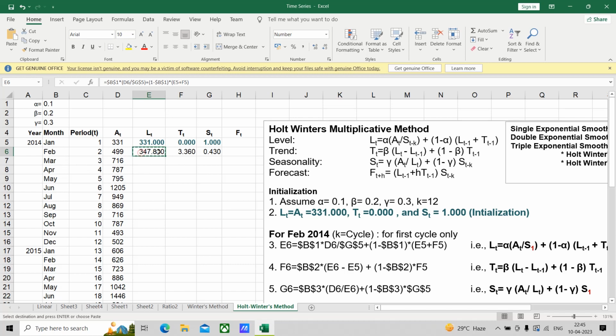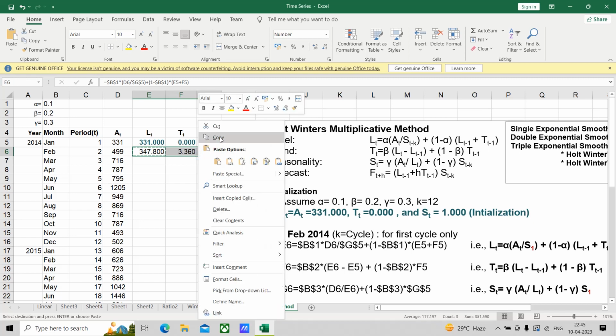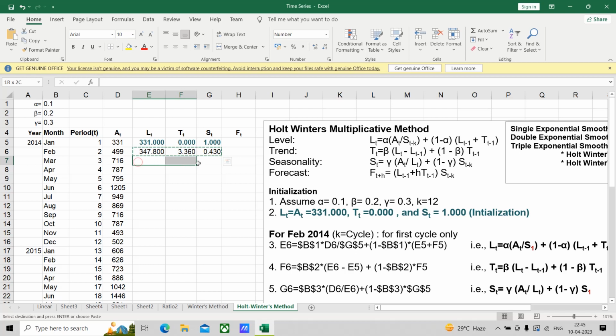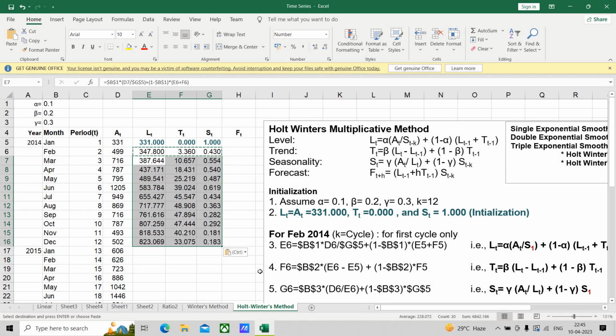So we copy 3 cells, and we put all these values in this March to December. It will calculate the values. So we paste this formula and we get the values for all other periods from 3 to 12.